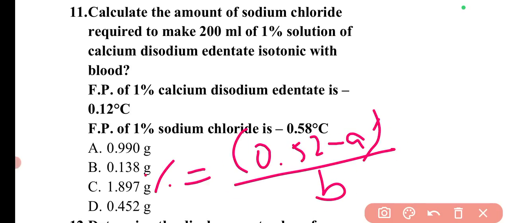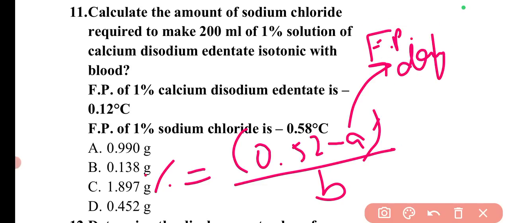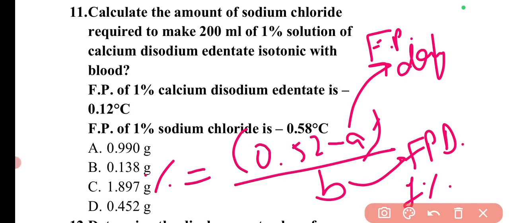So first we subtract the term and then divide by b. Now what are a and b? Here a is the freezing point of the drug. And b is the freezing point depression of the adjusting substance, of 1% adjusting substance.